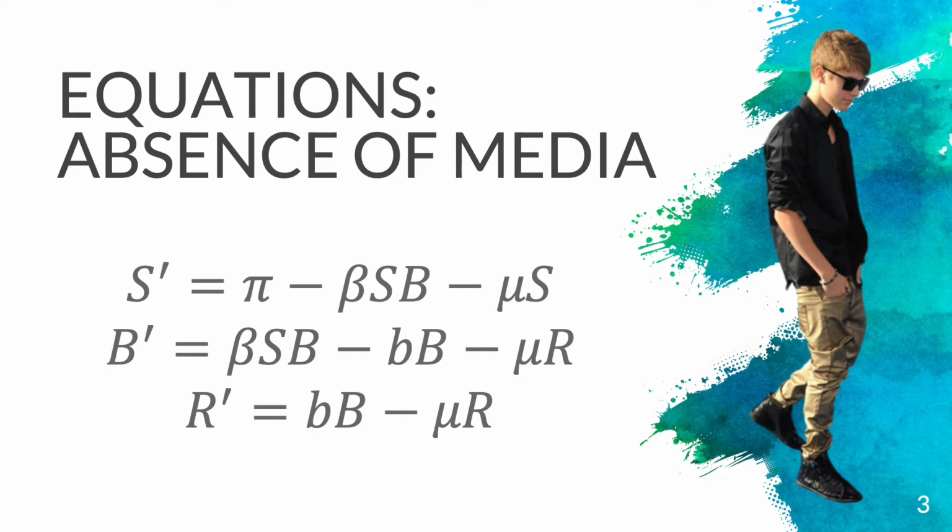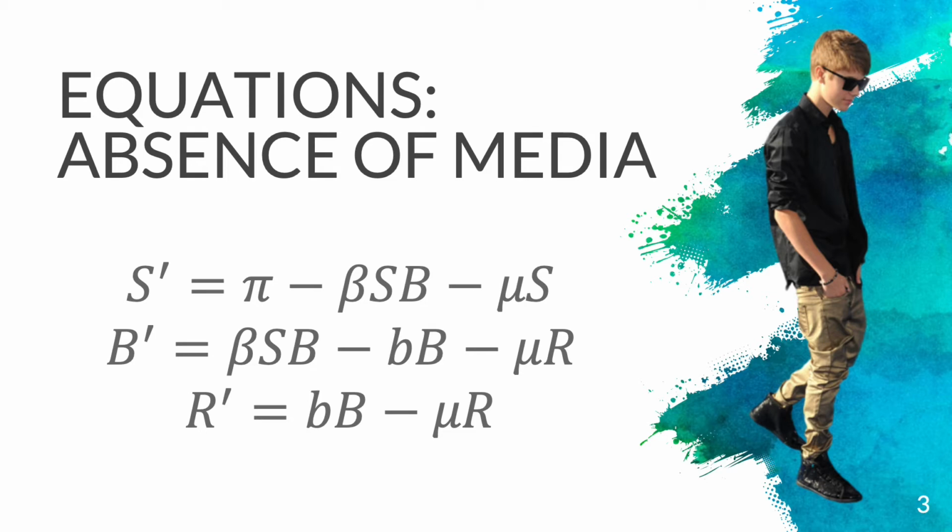In addition, that is subtracted by the maturation rate, which is 1 over 144 per month, multiplied by, again, the amount of people that are susceptible, which is 1,500.